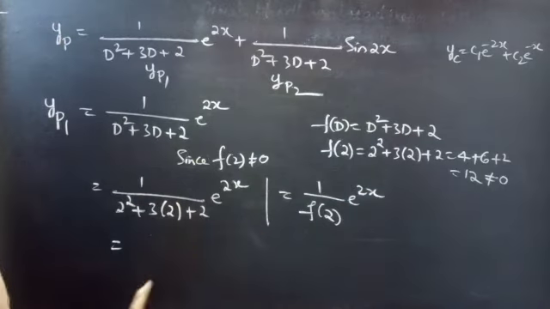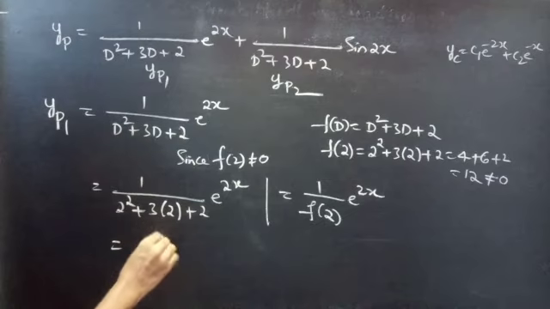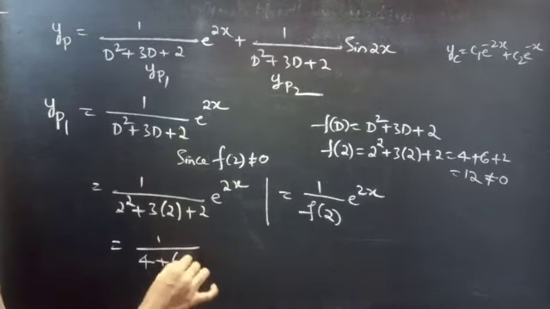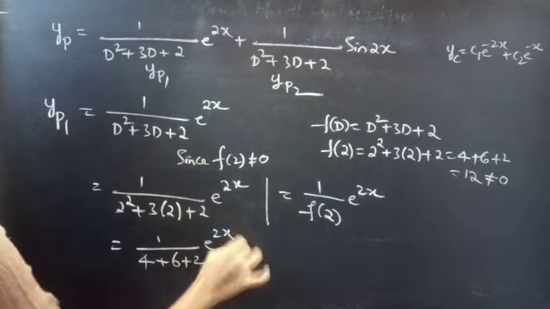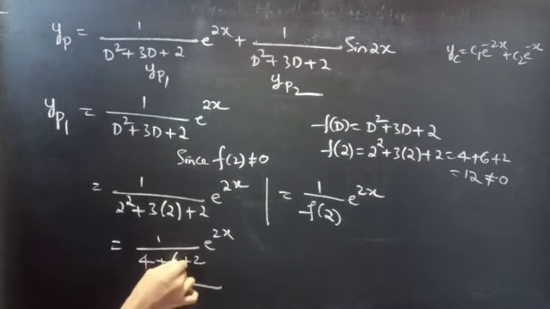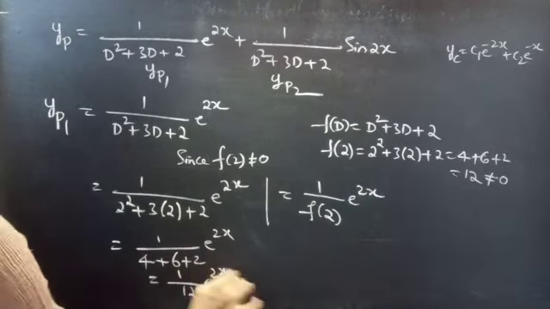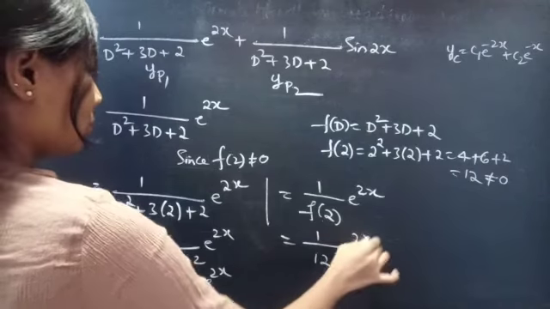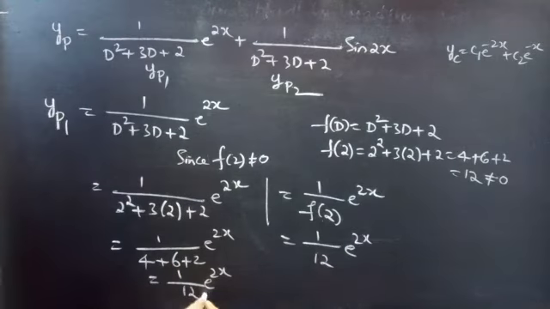Both give the same result: 1 by 4 plus 6 plus 2, which is 1 by 12 into e power 2x. So we got the same result.